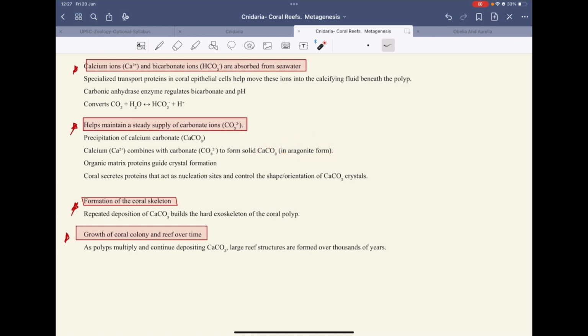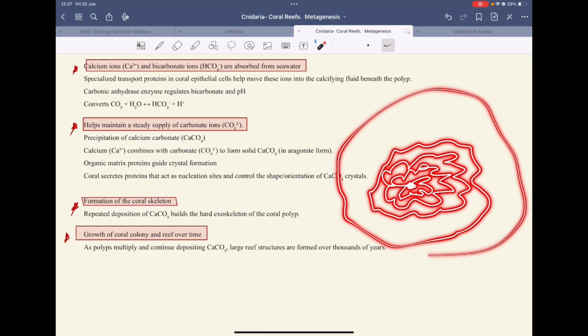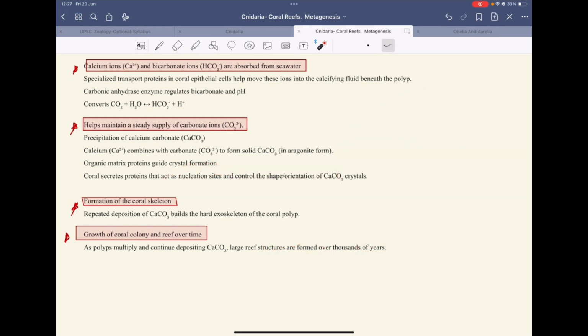Now this molecular structure, the crystal structure, forms a small nucleation site, and around this, further deposition of calcium carbonate takes place, and the coral increases in size. So around the nucleation site the whole coral reef is formed.